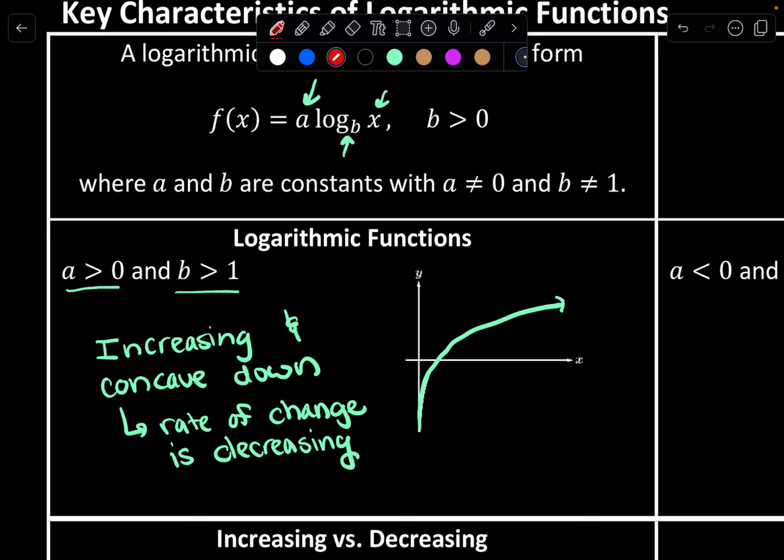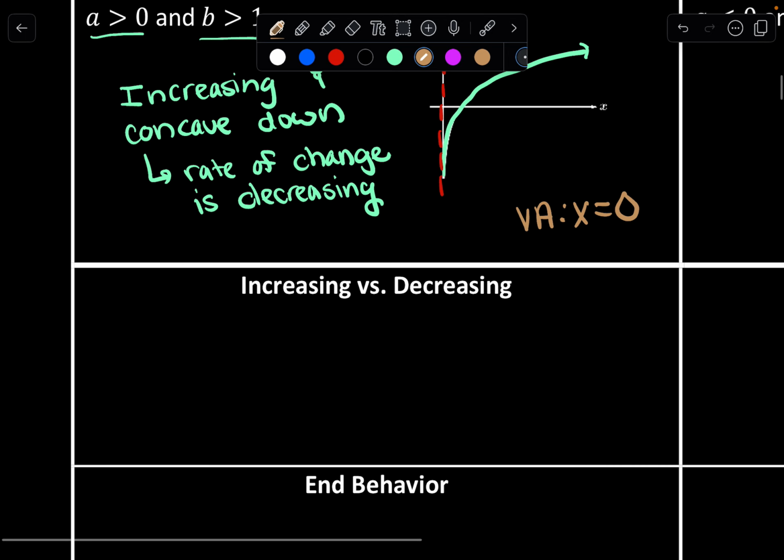Now in exponentials, we had a horizontal asymptote. Now for logs, we'll have a vertical one because they are inverses, which we will touch more on in the last unit in this semester, unit 10. Our vertical asymptote will be at x equals 0. So same characteristics as exponential functions.